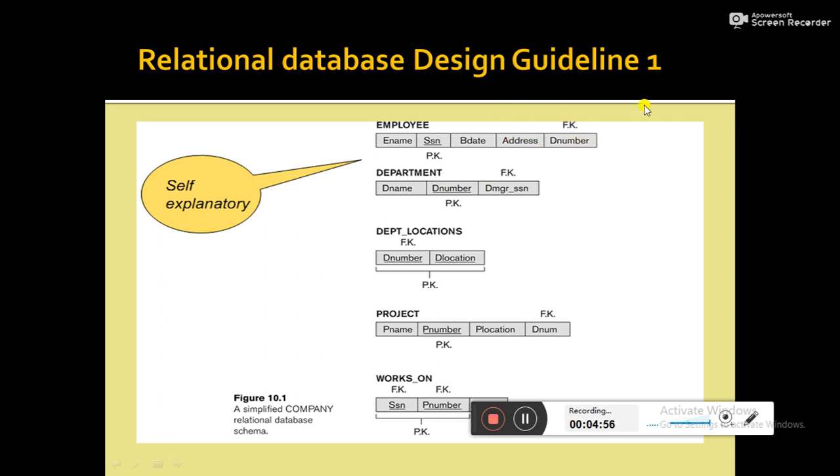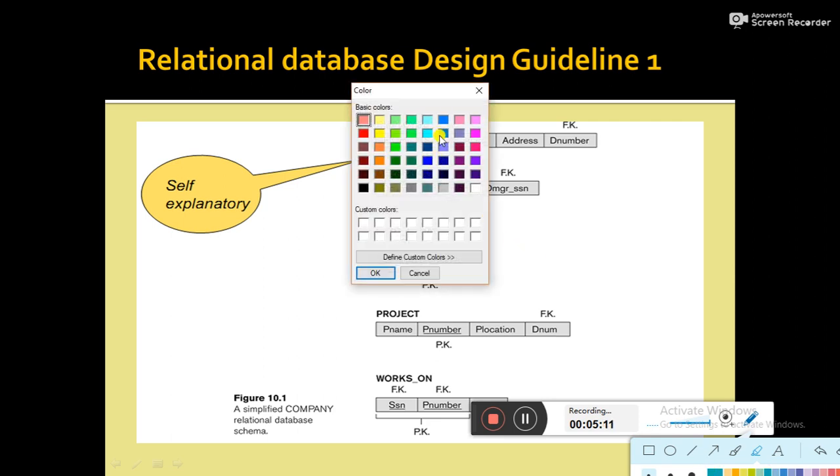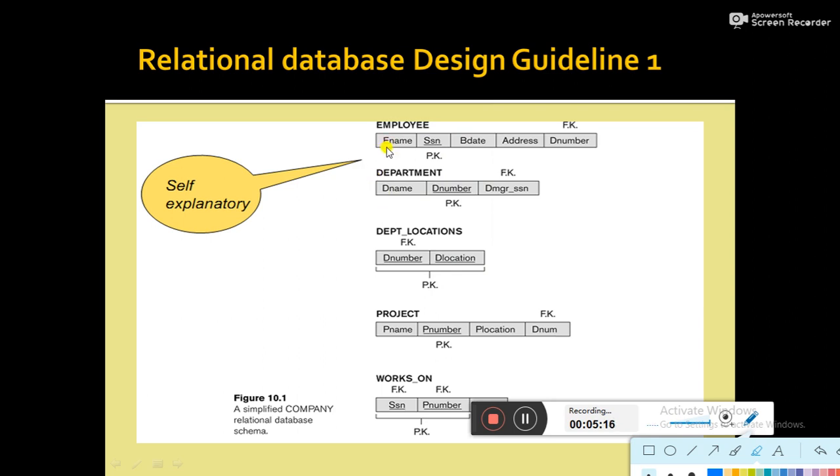Now if you look at that table, employee name, SSN, birth date and address are the attributes which belong to the employee entity set. Again, I am repeating: employee name, SSN, birth date and address.